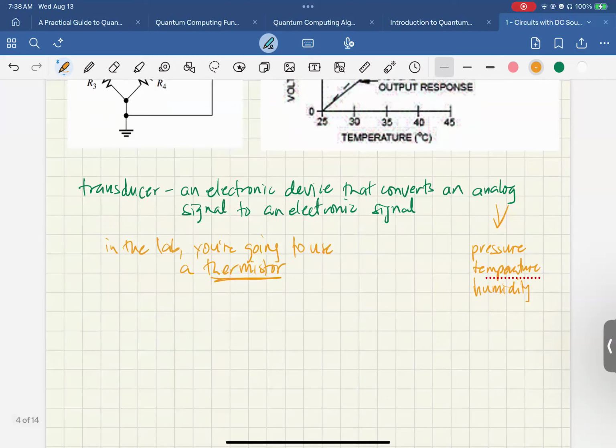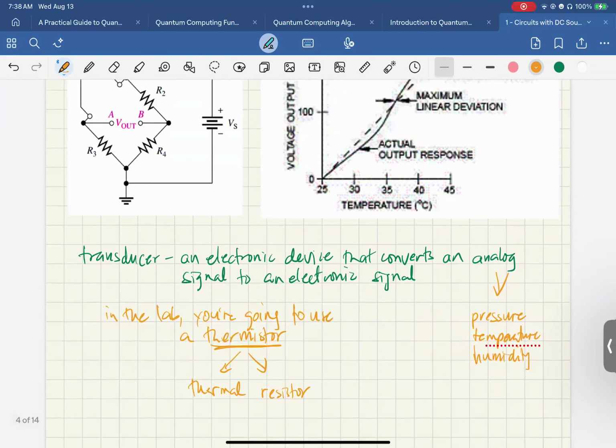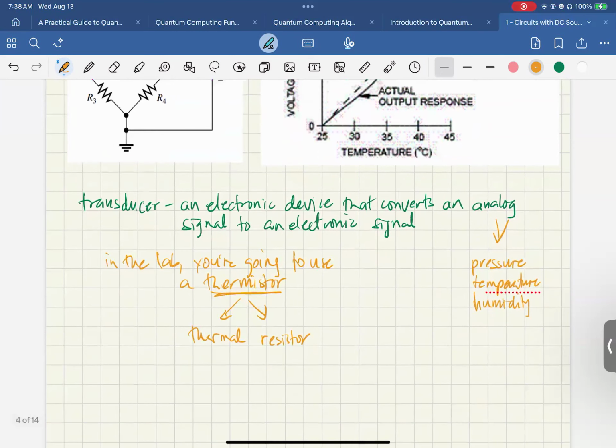Well, a thermistor, I don't know kung ma-extract nyo, but this came from two words, thermal at saka resistor. So a thermistor, the way it works is that when it measures temperature, the resistance of the thermistor changes.